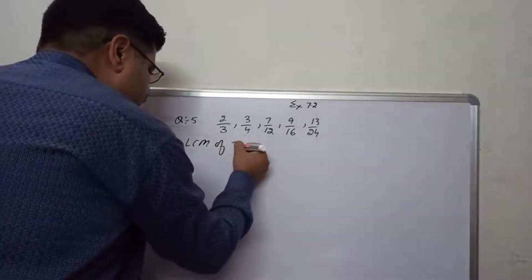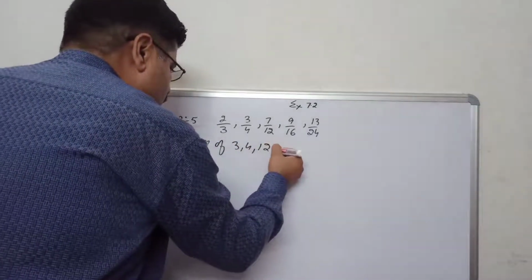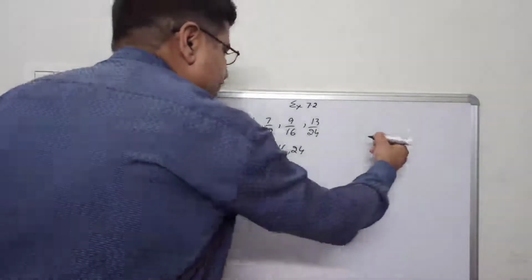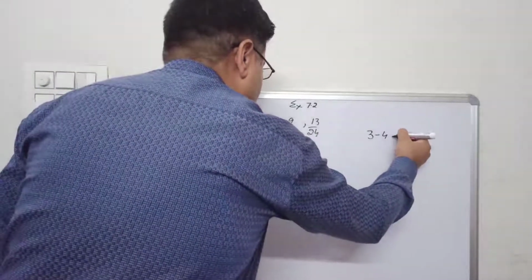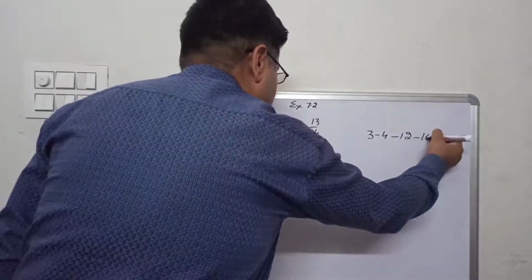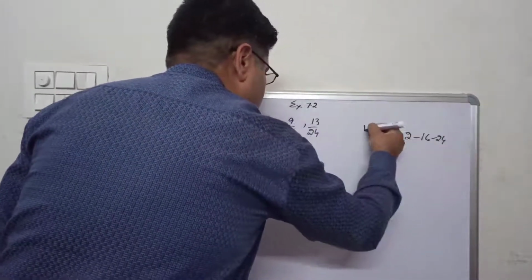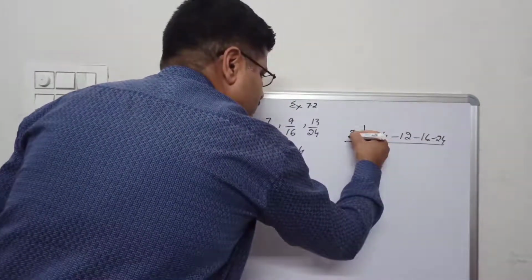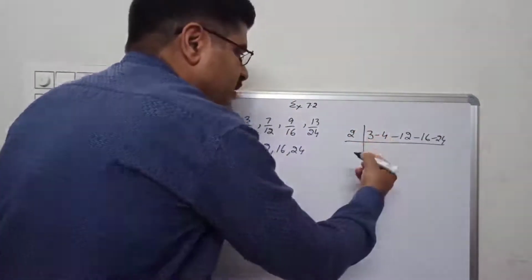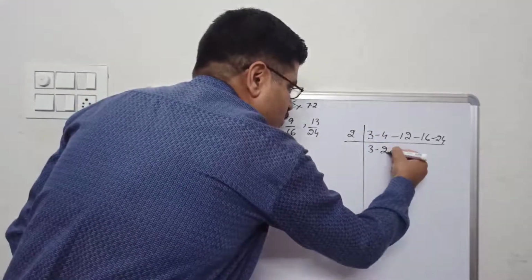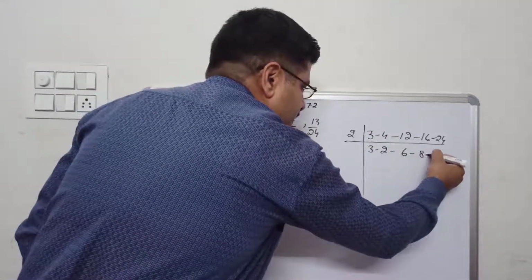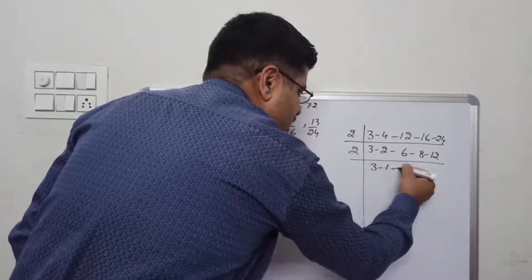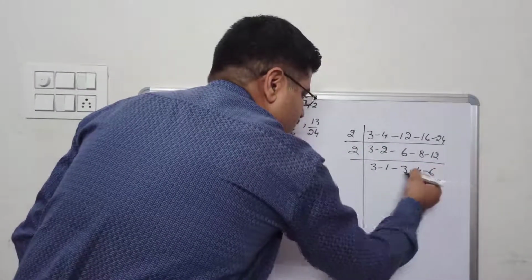LCM of 3, 4, 12, 16, 24 is equal to, we have to find the LCM. So for the LCM, we always start dividing by the lowest prime number. So by 2: 3, 2, 6, 8, 12. By 2 again: 3, 1, 3, 4, 6.